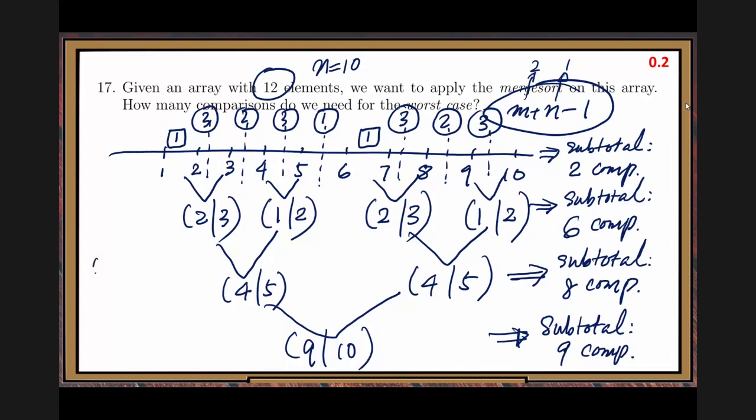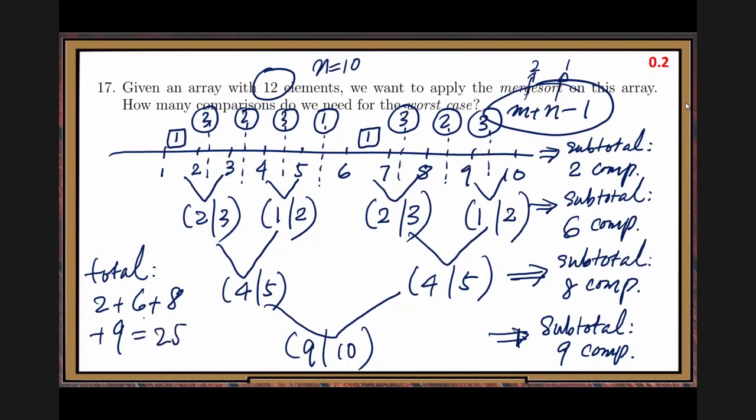Then we calculate the total. Okay? 2 plus 6 plus 8 plus 9. 16 plus 9, 25, right?